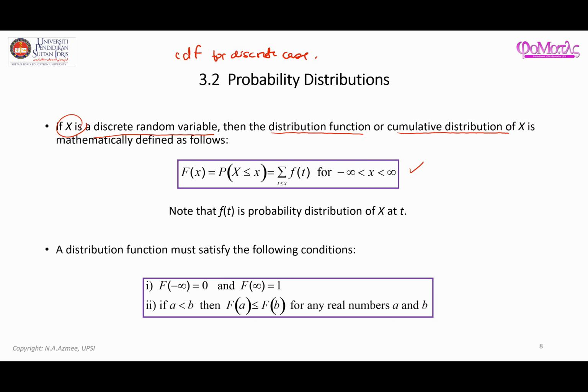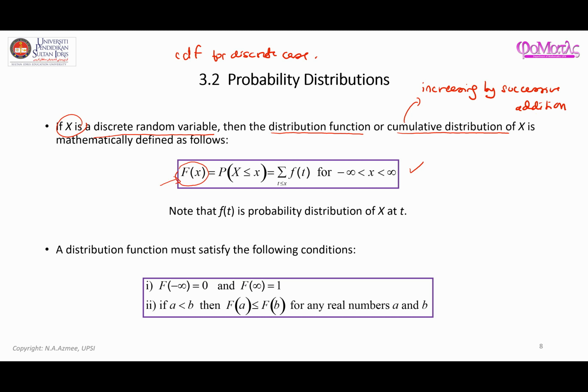So what is the meaning of cumulative really? Cumulative is something that is increasing, so it will keep on increasing by successive additions. We just keep on adding according to a proper sequence of some sort. The notation that we use here is capital F, so Fx.